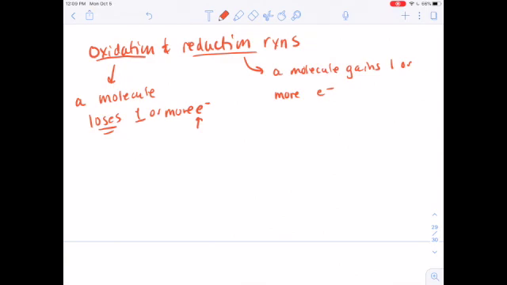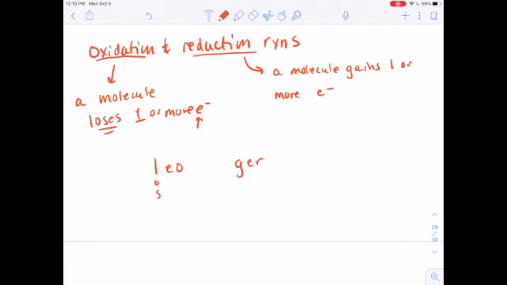Now, how are we going to remember this? Easy. We are going to remember this stupid little mnemonic, which is just so ridiculously stupid. Leo the lion goes grr.